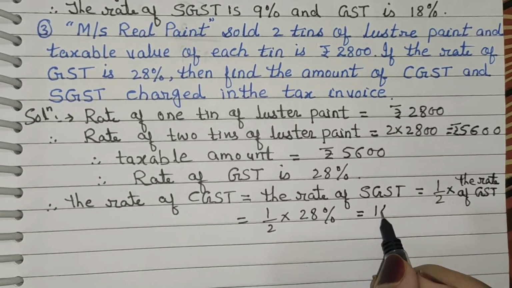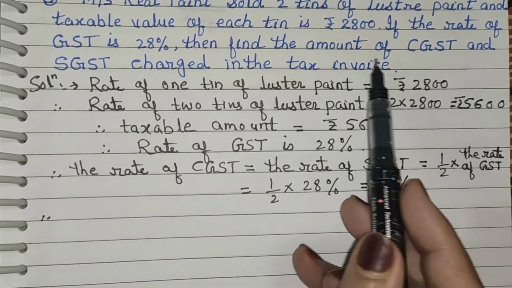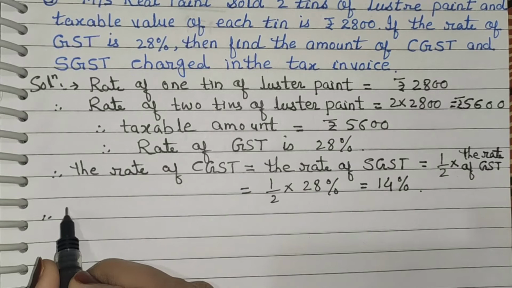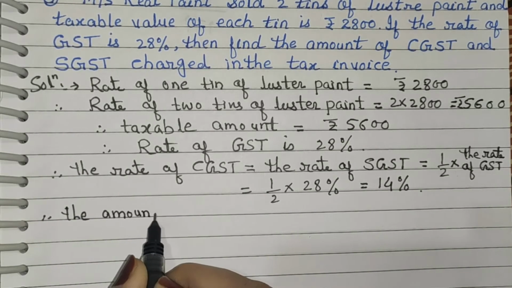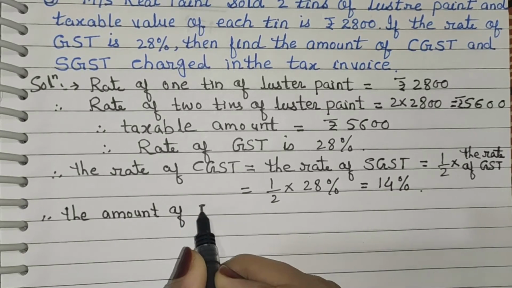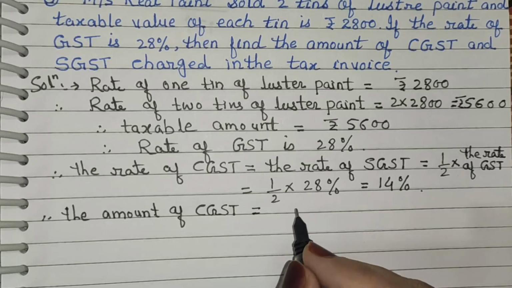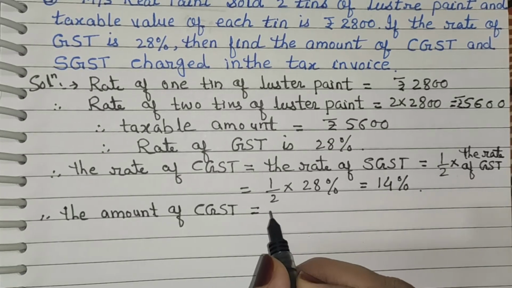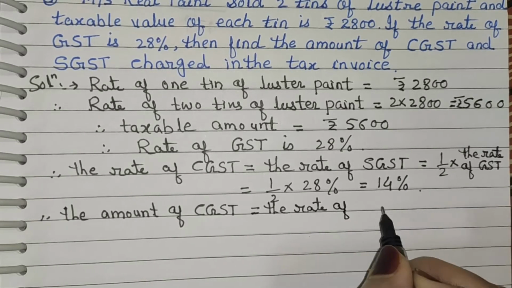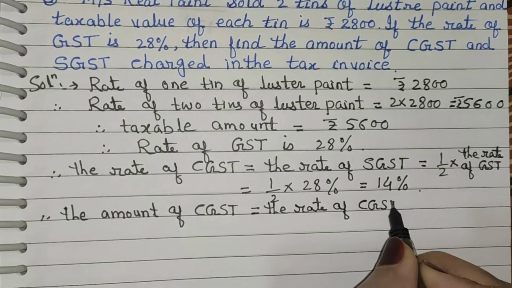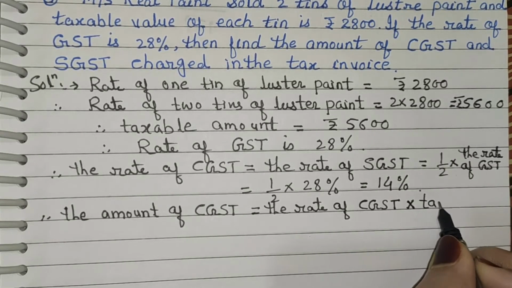Solving, we get 14%. Therefore our aim is to find the amount of CGST. Therefore write down here the amount of CGST is equal to rate of CGST into taxable amount.